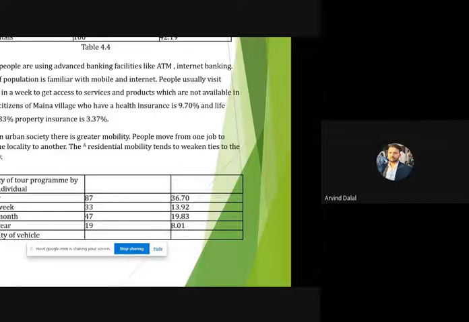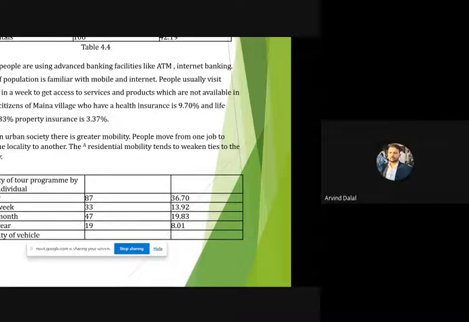In this village, 87 family members go outside the village. This data was collected on going outside the village: 87% go outside daily, 33 once a week, 47 once a month, and 19 once a year, who are not going outside.